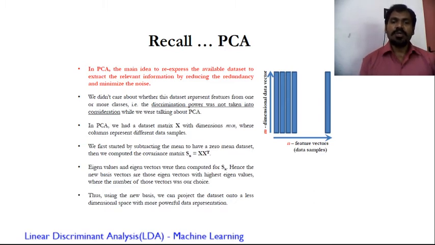So what we do is normalize the given data set, compute the covariance matrix, and compute the eigenvalues and eigenvectors. Then based on the highest eigenvalues, we choose the principal component out of 3, either 1 or 2, which has the highest score.